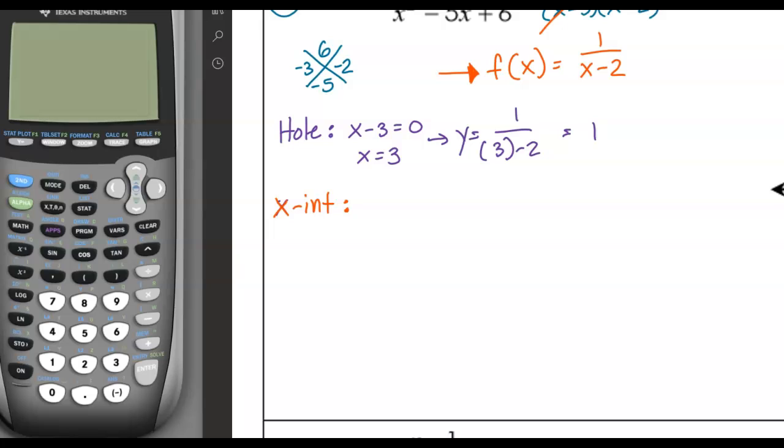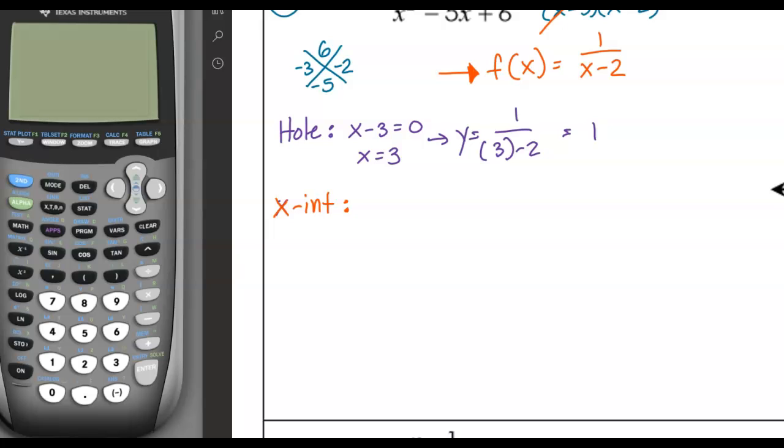Okay. What is in the numerator right now of f of x, of our simplified form? A 1. It's a constant. A constant does not create an x-intercept on our graph. An x in our numerator is what creates a 0.